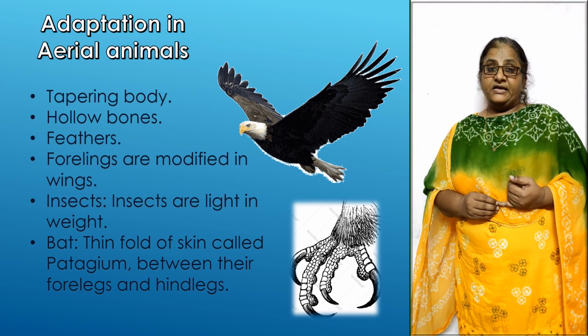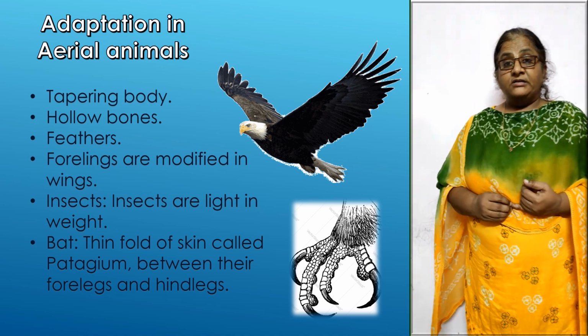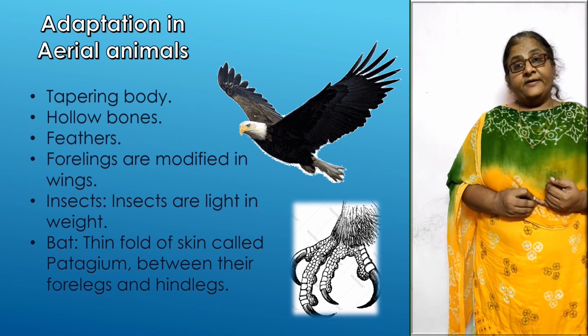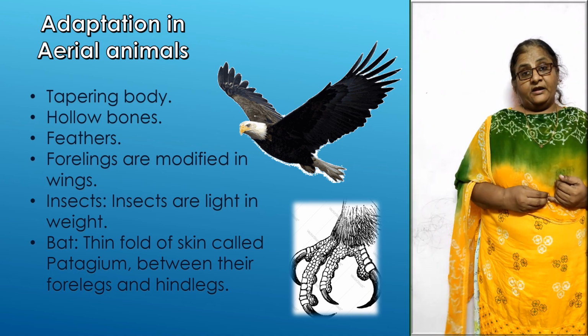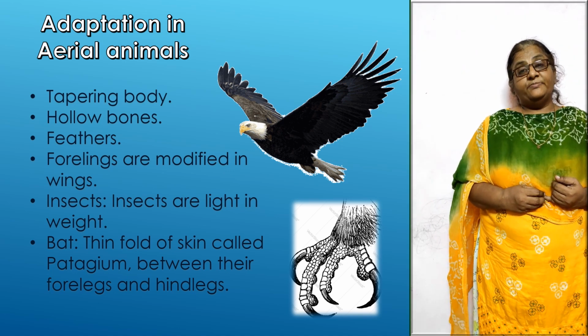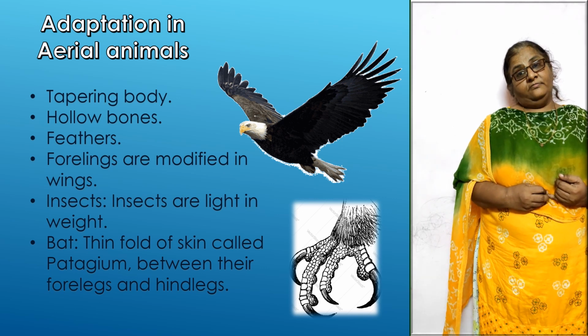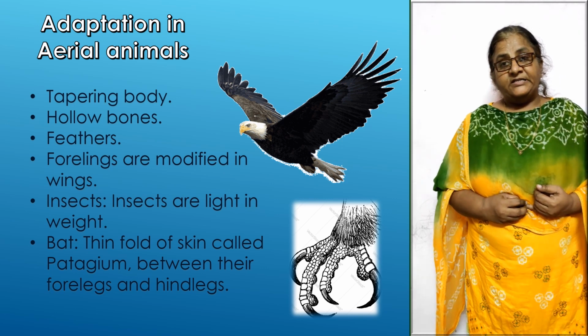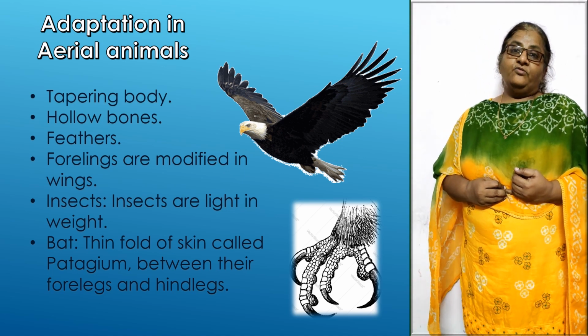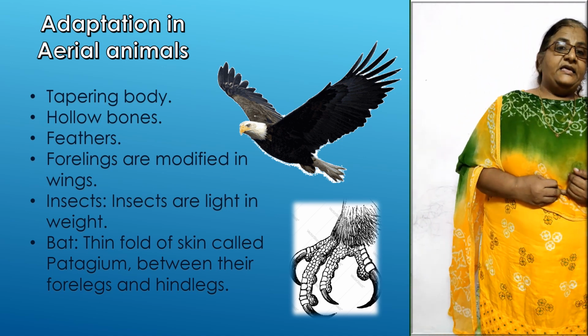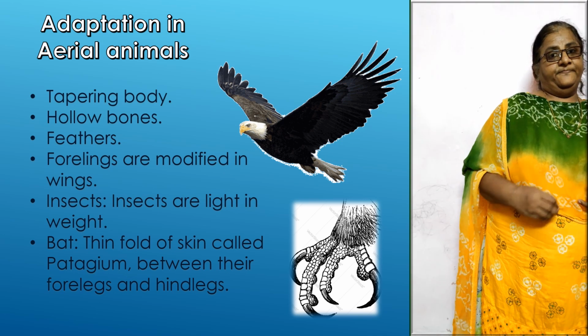Some birds like eagles have powerful claws to catch the prey and to hold the prey firmly. Such birds also have a pointed, powerful beak. These adaptations help the bird to fly easily in the air.